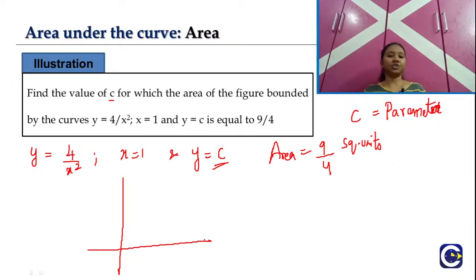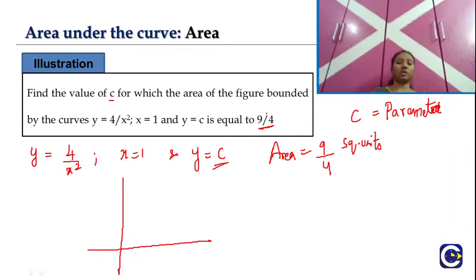There is nothing new here. Initially this c would be given and we used to find this area, but instead, here c is unknown and we have to find the c value, and the area bounded here is already given.